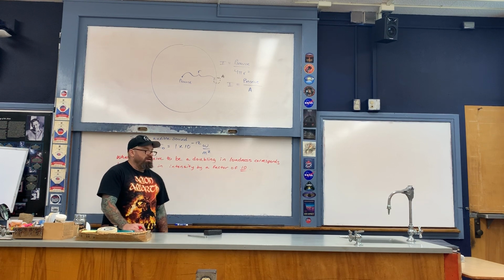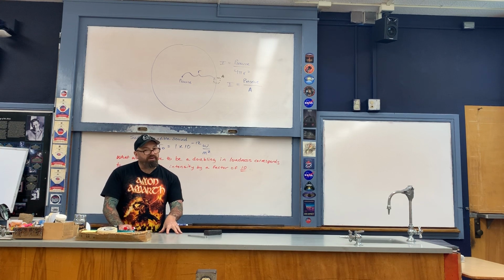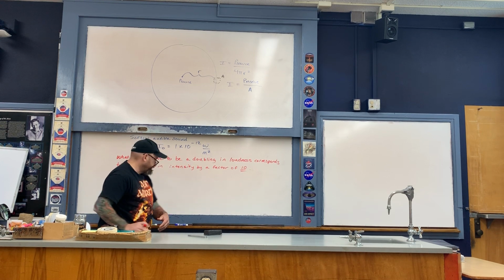Because of this, then, it makes sense for us to define a scale associated with loudness that is based upon a base 10 logarithm. It's a logarithmic scale, and this is the decibel scale.